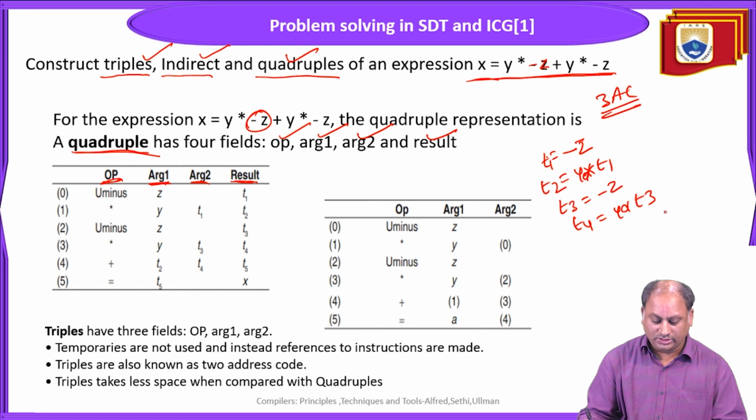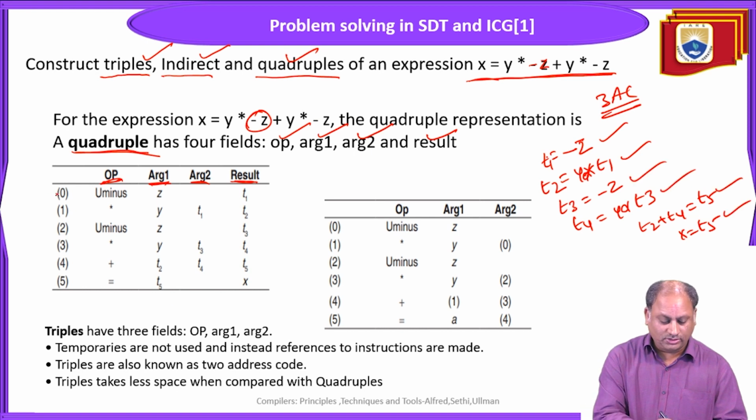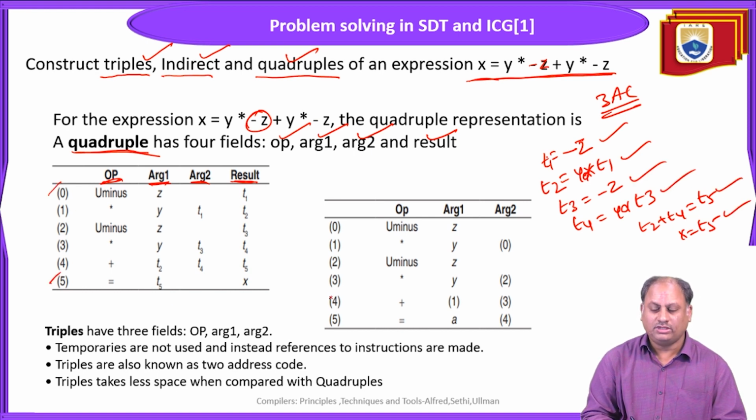Now T2 plus T4 is T5. Now x equal to T5. So this is 1, 2, 3, 4, 5, 6, that is 0 to 5.